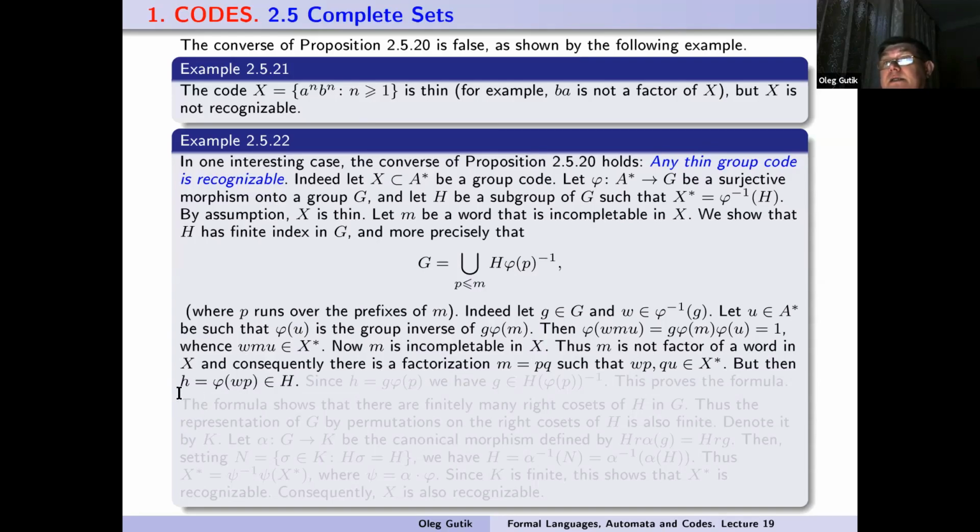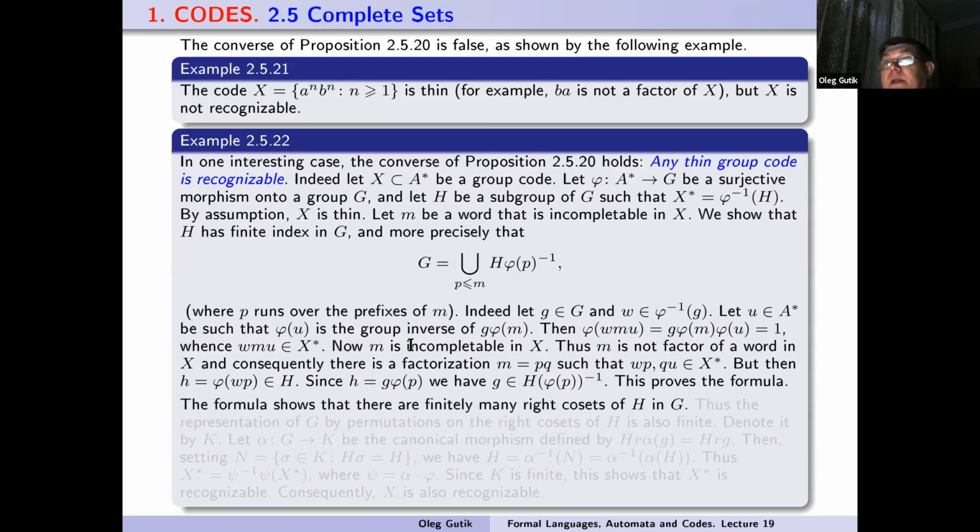Well, then we get that h is equal to phi of the word w multiplied by p, which belongs to the subgroup H. Since h is equal to g phi of p, we have that g belongs to H multiplied by phi of p inverse. This proves the formula.